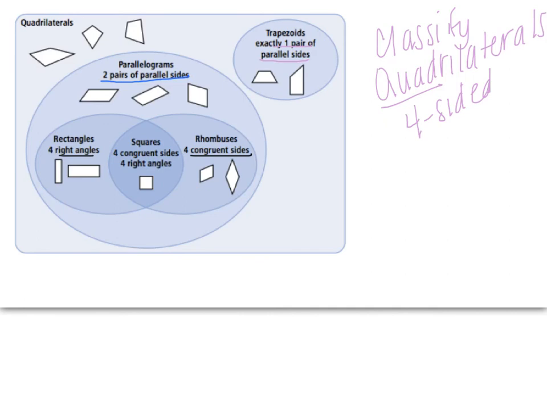And then finally, we can talk about a square. And a square is going to have 4 congruent sides and 4 right angles. So it's combining the rhombus and the rectangle together to give you one shape. So this is going to be really important to help you with your homework as well as in the next activity.